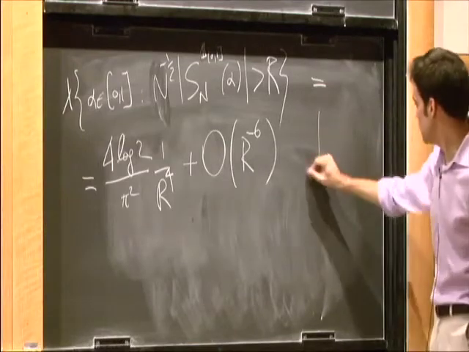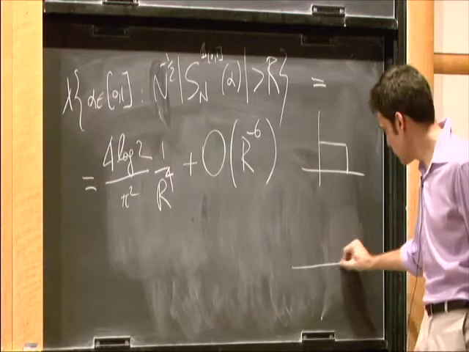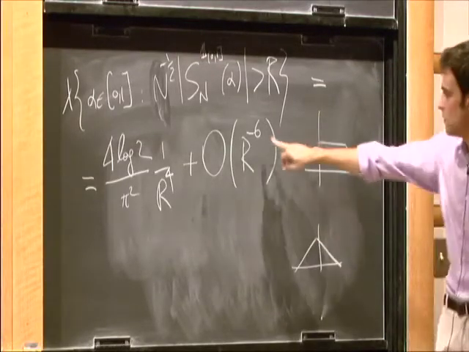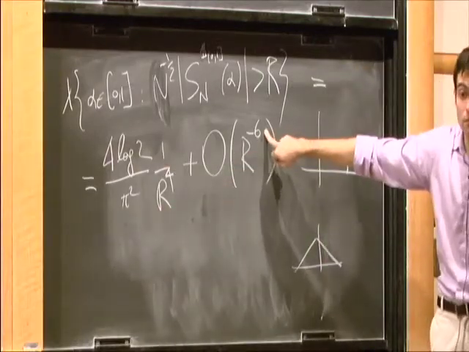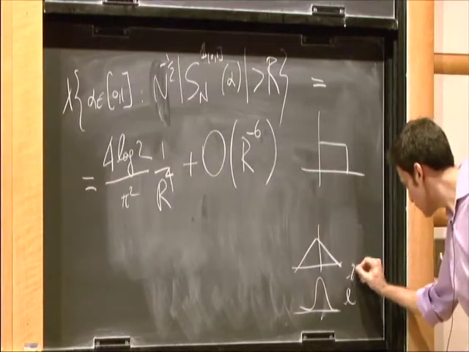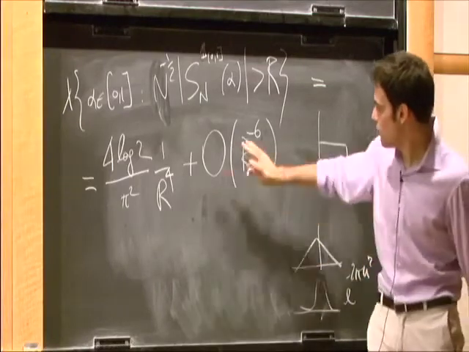This is the sharp cutoff. If you replace the sharp cutoff by a triangle function, which is slightly more regular, this becomes a different constant, and this becomes minus 8. If you replace it with a smooth function, like e to the minus 2 pi u squared, then you get any decay you want.